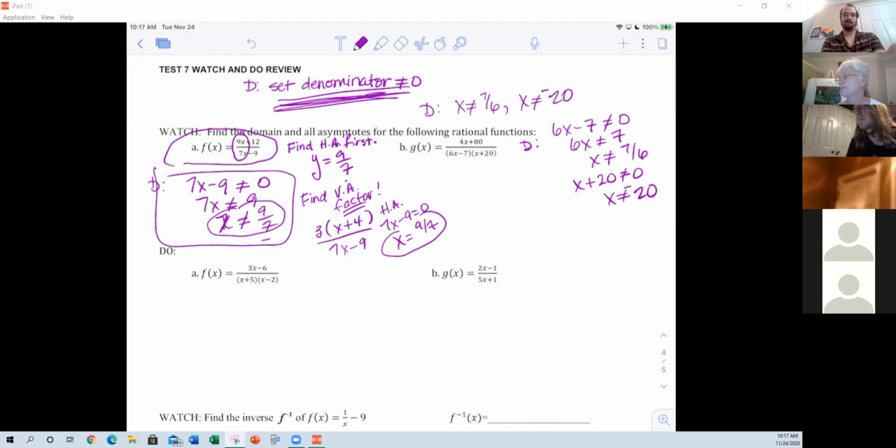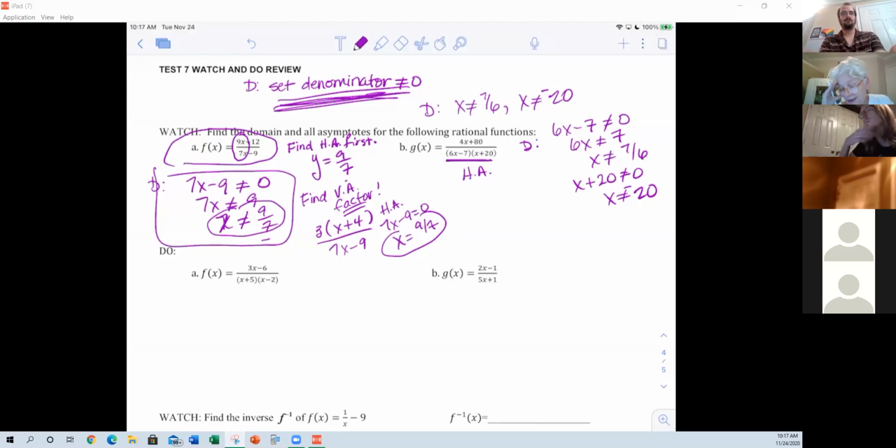All right, so then I'm going to look for the horizontal asymptote. Notice on this one that I've already got some stuff factored. So what you have to ask yourself is, what is the degree in the numerator? X to what power? 1. Right.